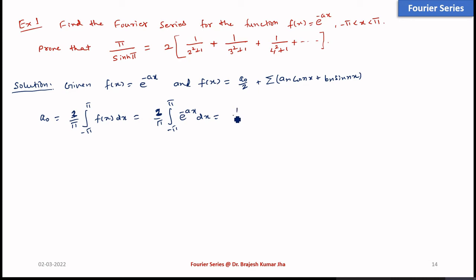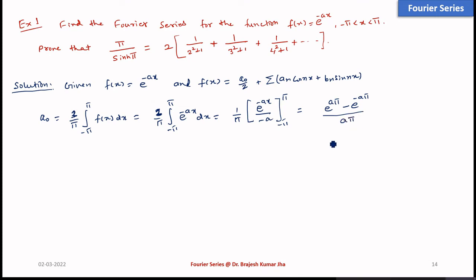So it is going to be 1 upon pi, e to the power minus ax upon minus a, from minus pi to plus pi. So what we get? e to the power a pi minus e to the power minus a pi divided by a pi.